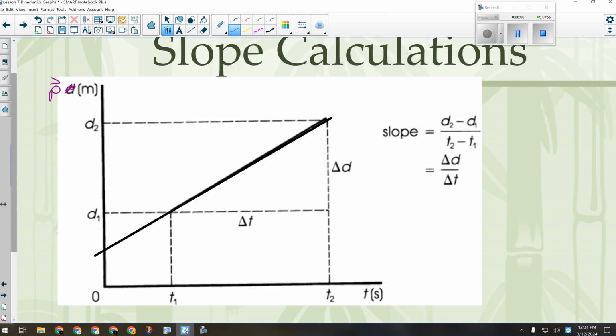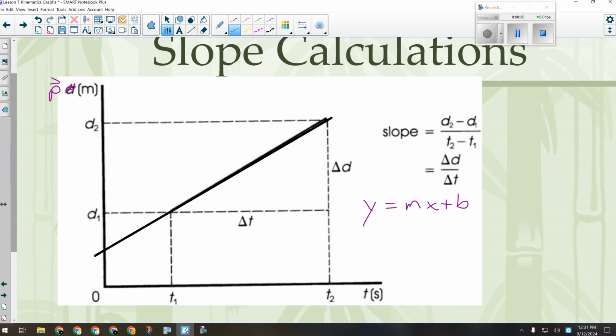What's another way? Is there a formula I can use besides that one? Y equals mx plus b. Okay, you will be expected to use that formula in Physics 20 as well. What part of that formula stands for slope? M. Okay, m represents the slope.